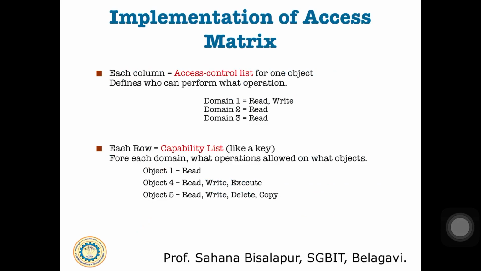As with capability lists, the list of keys for a domain must also be managed by the operating system on behalf of the domain. Users are not allowed to modify the list of keys or locks directly. It has to be done through the intervention of the operating system.